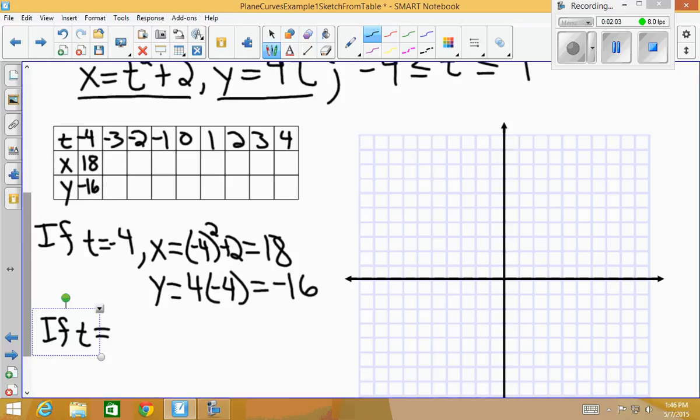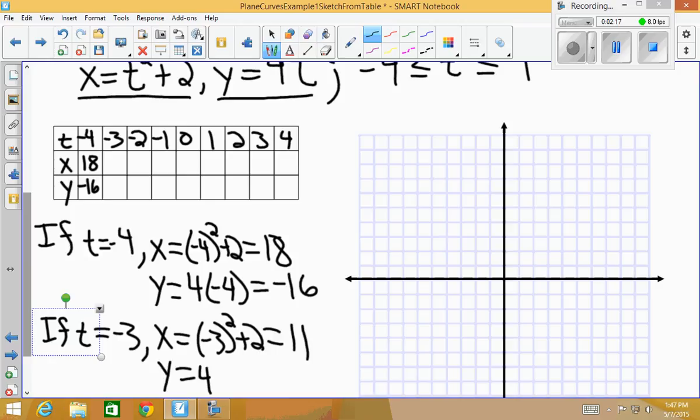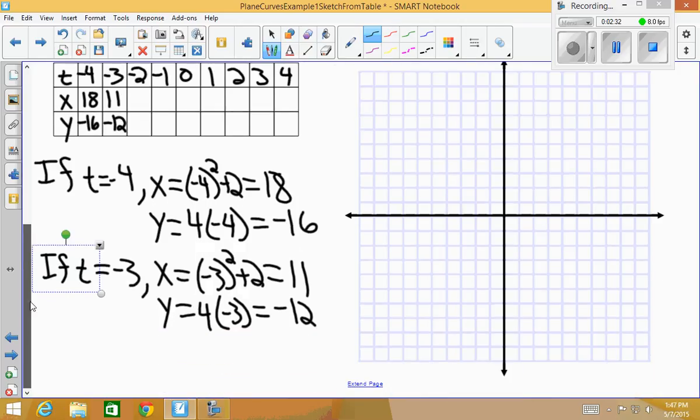If t is -3, then x is -3 squared plus 2, which is 9 plus 2, that's 11. And y is equal to 4 times t, which in this case is -3, so -12. We can put those into our table. So x is 11, y is -12. Okay, we just keep going.